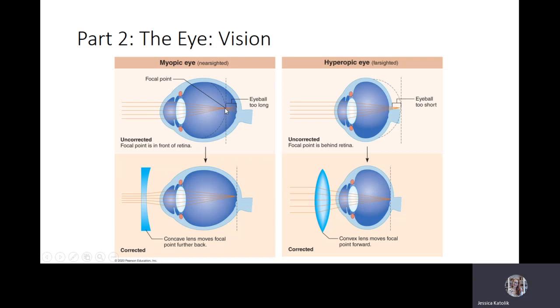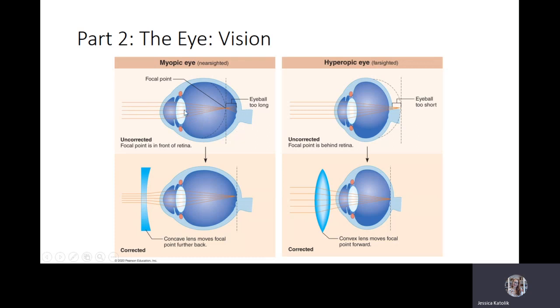But in a person that has a myopic eye or nearsightedness, the retina is a little bit too far away, so that focal point doesn't hit the retina. And so this will cause the person's vision to be blurry. The bigger the deviation from the 20/20 shape of the eye, the more blurry the vision will be.